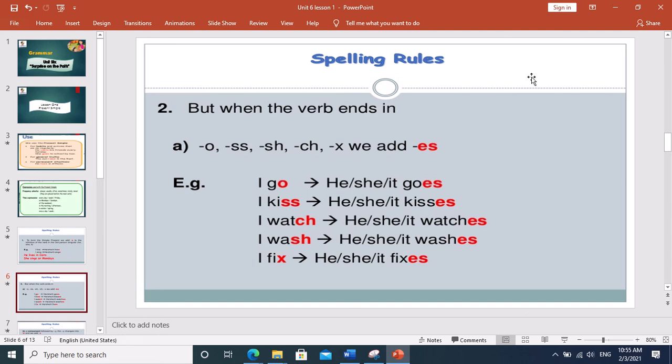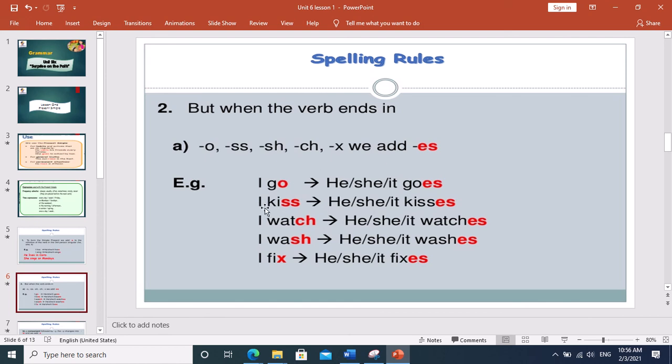No. I have to put es, like I go. I, a plural personal pronoun, so I have to put go in the infinitive. But when I use go with a singular personal pronoun he or she or it, I have to write es. Why? Because the verb ends with the letter O, and when I find this letter, I have to put es.